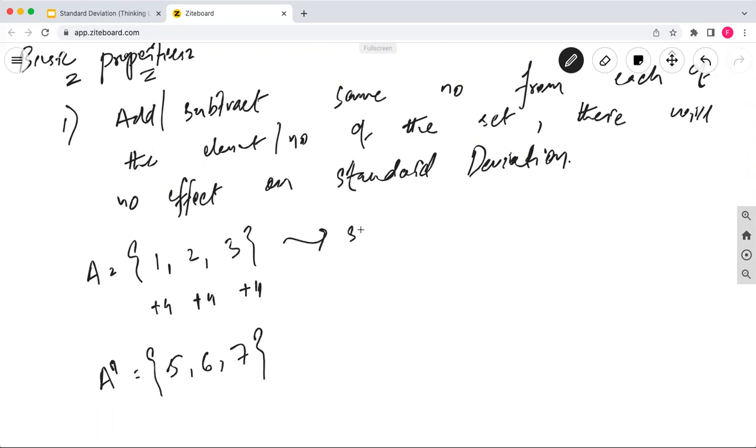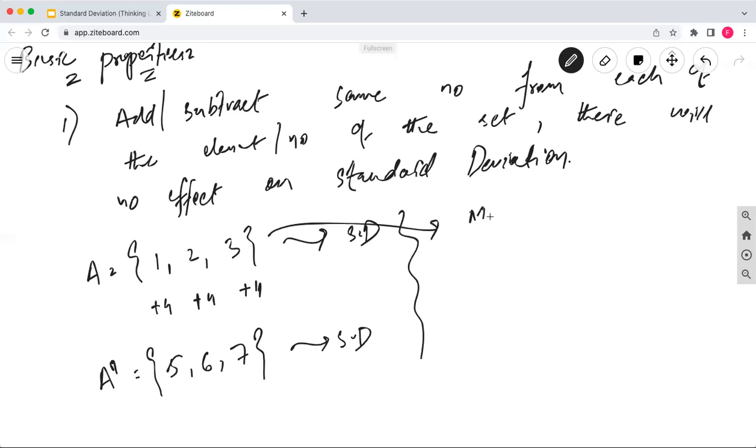The standard deviation of both will be exactly same. There will be no effect on the standard deviation, but remember, you are adding the same number to each of the numbers of the data set.